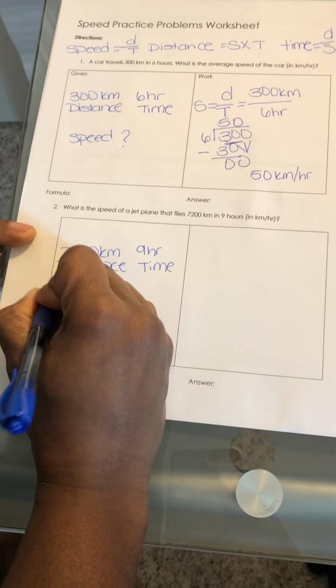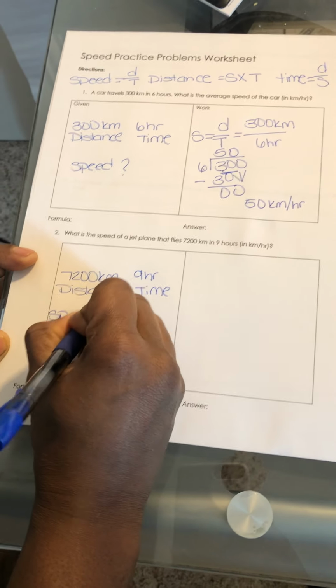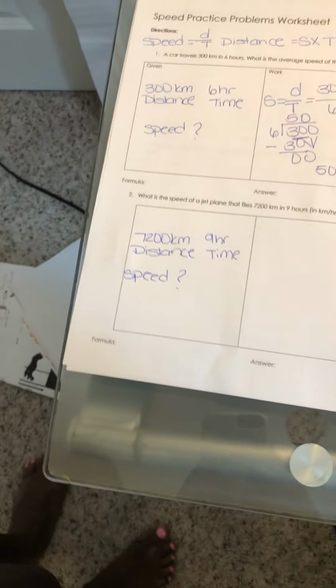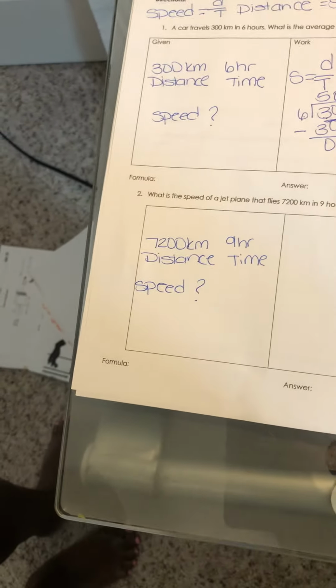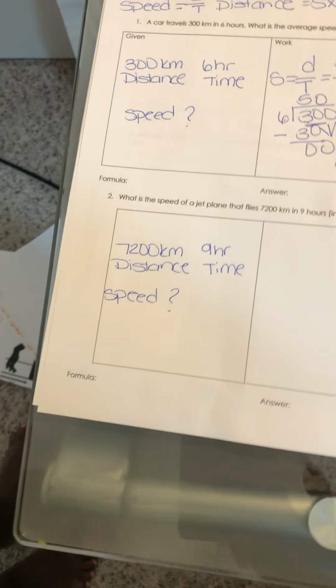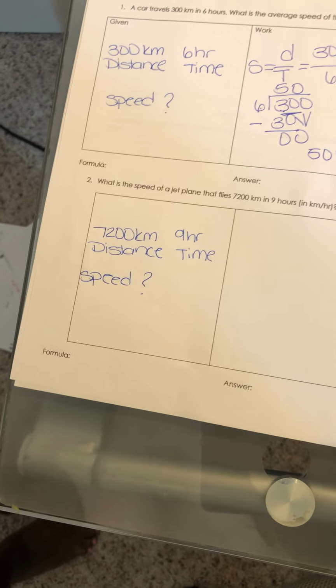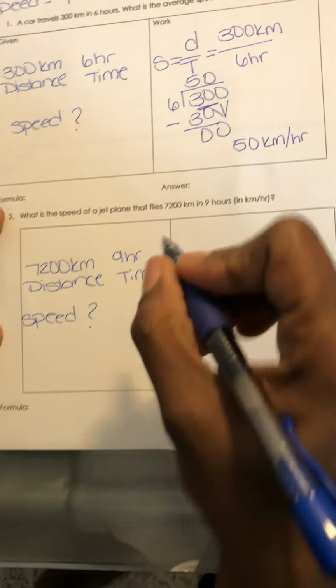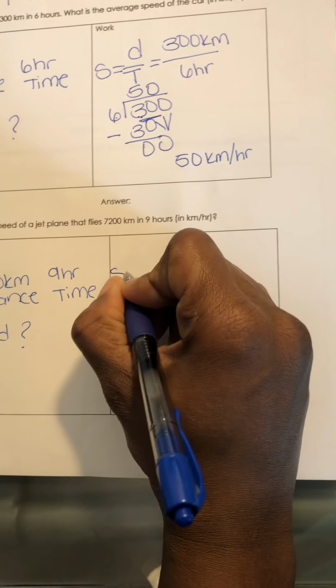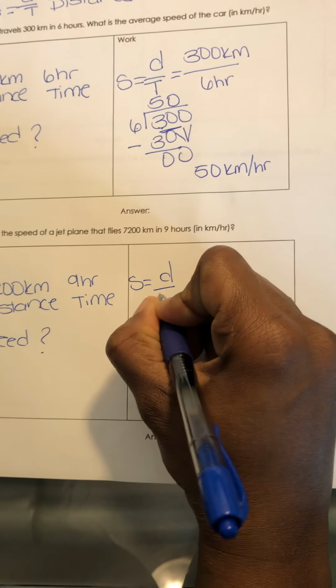So we're missing the speed. So let's go ahead and figure out the formula we need to use. This problem is asking for speed, so we're going to use the speed formula. Speed equals distance over time.